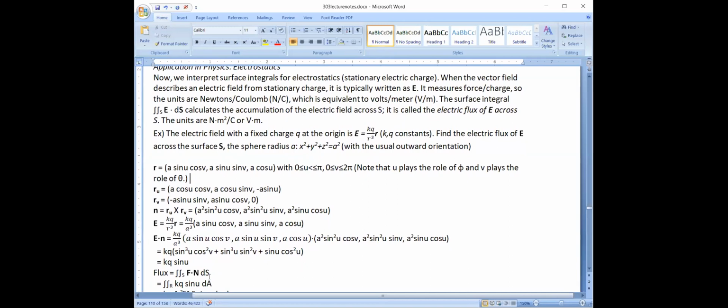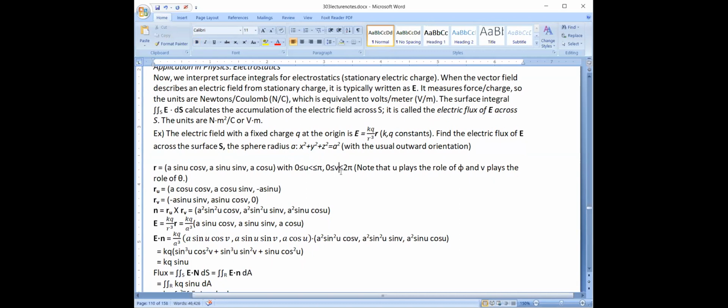So the flux we know is going to be the double integral over the surface of F dot n dS, which we know is going to be the double integral over the region of, sorry, and we're calling our vector field E, it's the electric field.